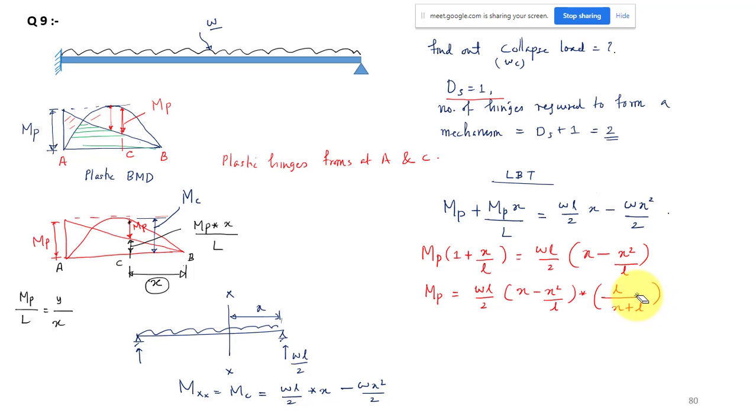Okay. So now again this part we have to expand like WL by 2. So this is Lx minus x square by L, multiplied with L by x plus L. So these two L will get cancelled.